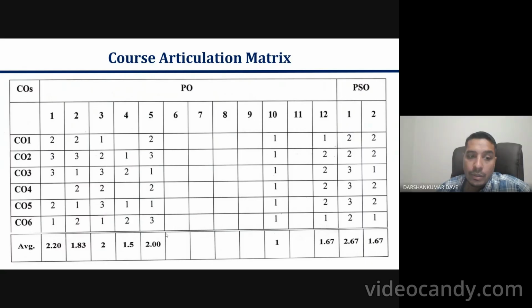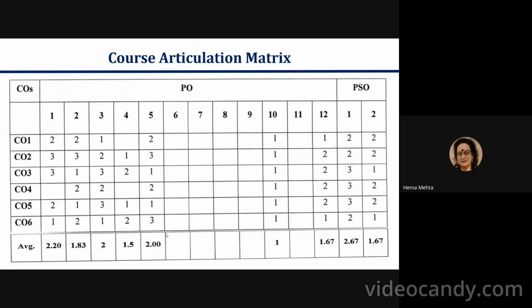But is the denominator 5 or 6? It should basically be divided by 6, no, instead of 5, because we have a total of 6 COs. Because somewhere you're dividing by 5, somewhere you're dividing by 6.